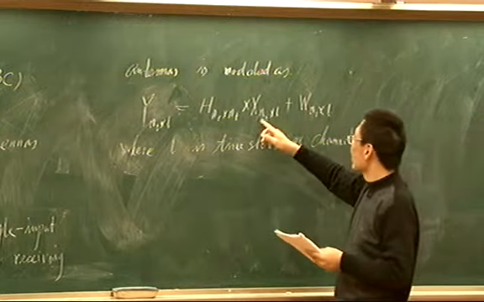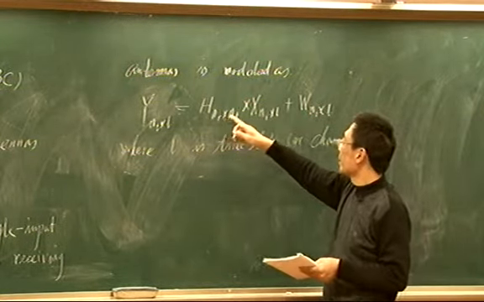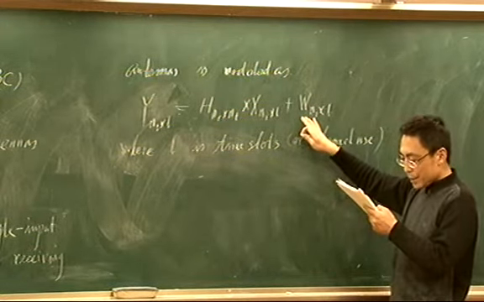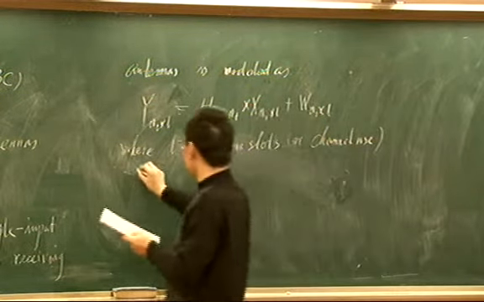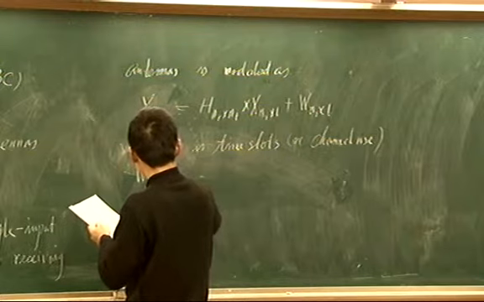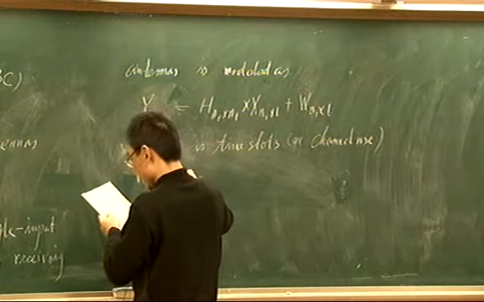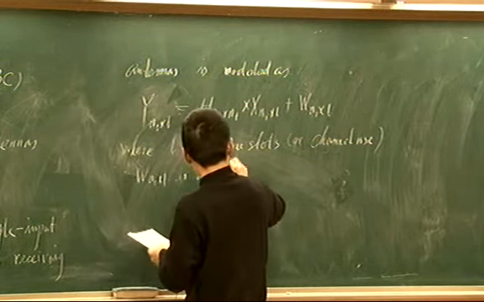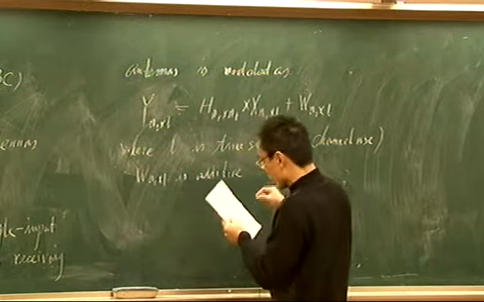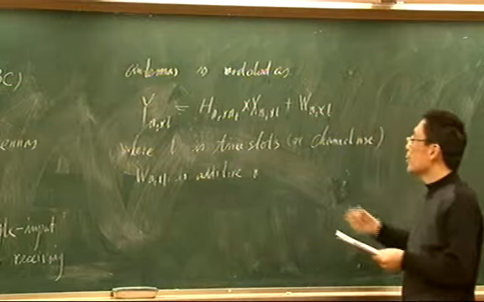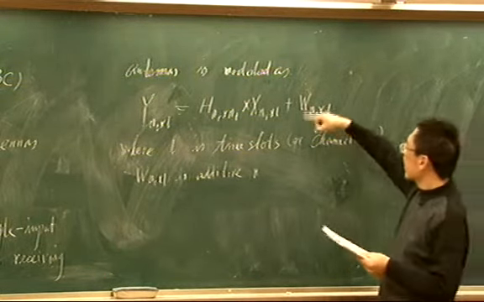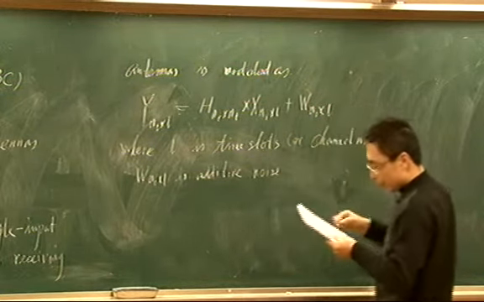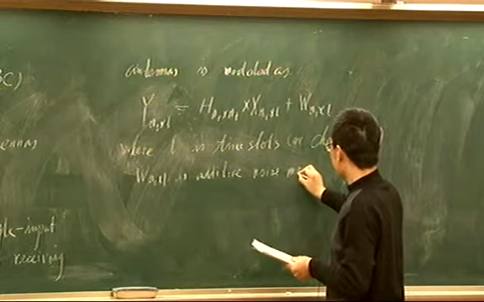This is an NR times NT matrix. W, NR times L, is the additive noise matrix. Because we transmit signals, sometimes we get some noise relation matrix.